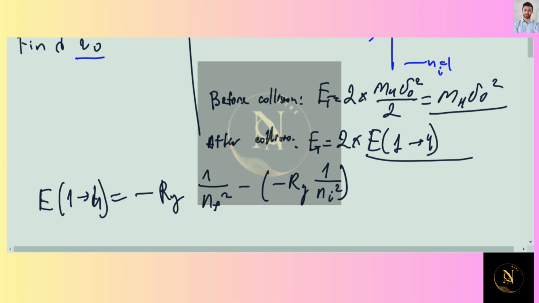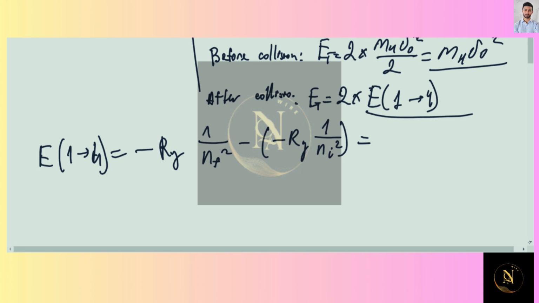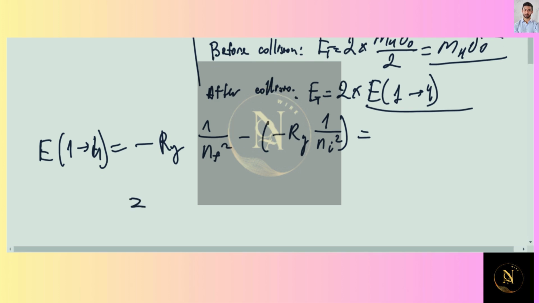Or we can simplify this expression. So it's going to be Rydberg constant multiplied by 1 over n initial squared minus 1 over n final squared.